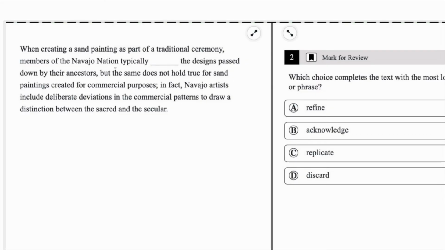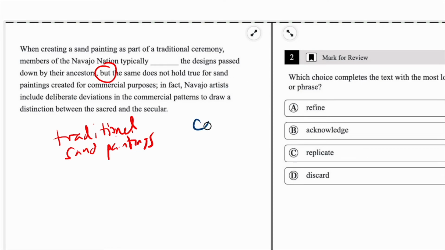Okay, so we definitely have a contrast here, as indicated by the word but. And so what is that contrast between? Well, we could say it's between the traditional sand paintings and the designs used in those sand paintings on the one hand, and then the commercial designs on the other hand.